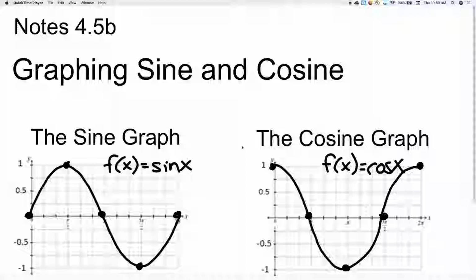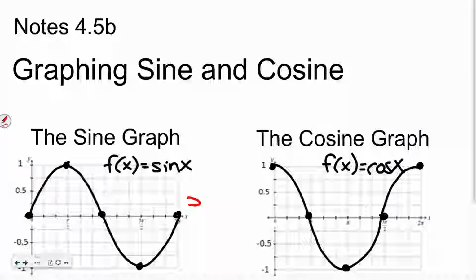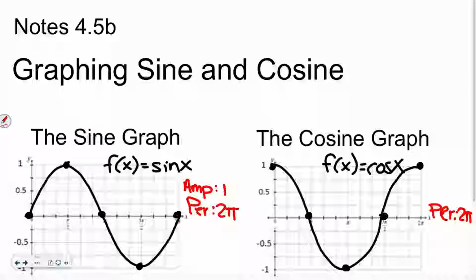Remember that for each of the parent graphs, sine and cosine, their periods are both 2 pi, and they each had amplitude of 1.